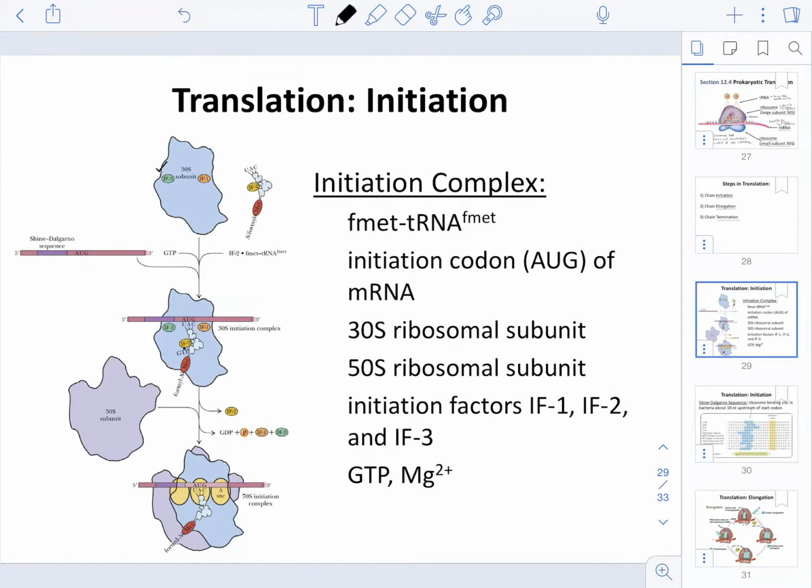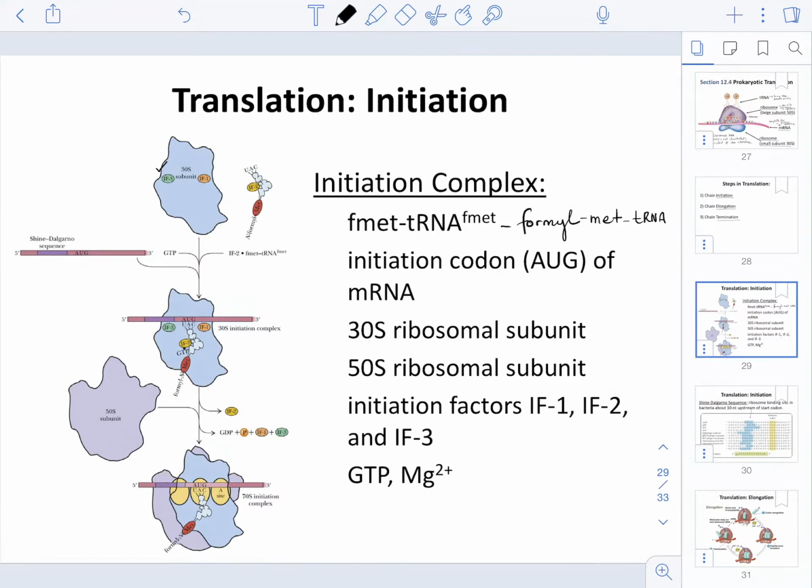What happens in the initiation phase is that we are going to have an initiation complex. This initiation complex is going to have the fMet tRNA fMet, which is the formyl-methionine tRNA.